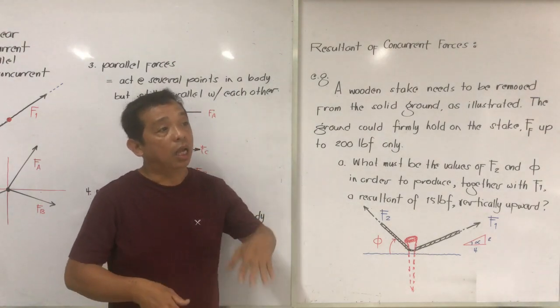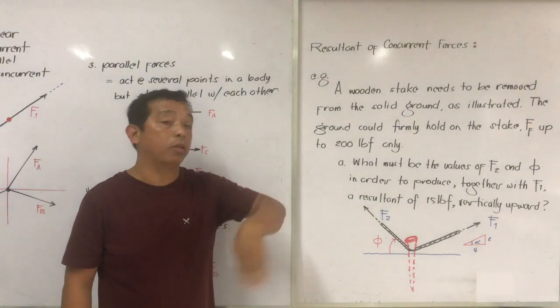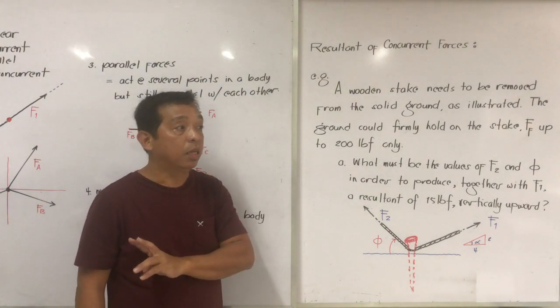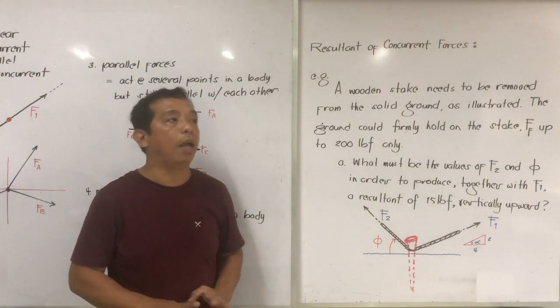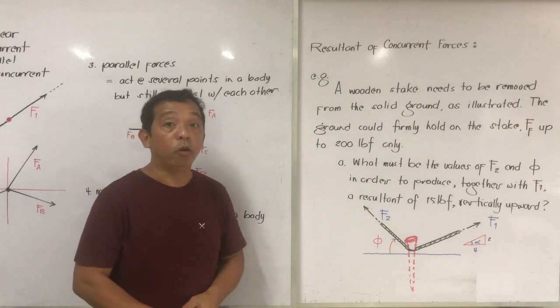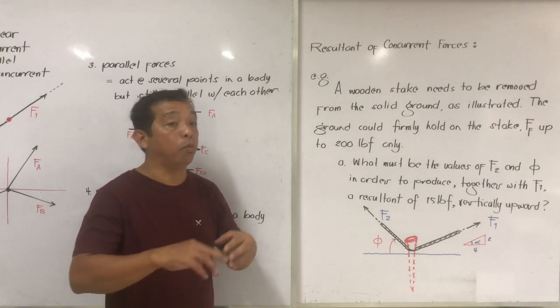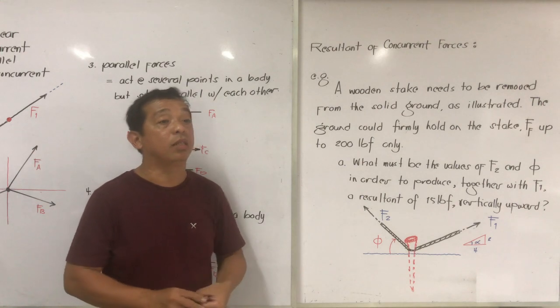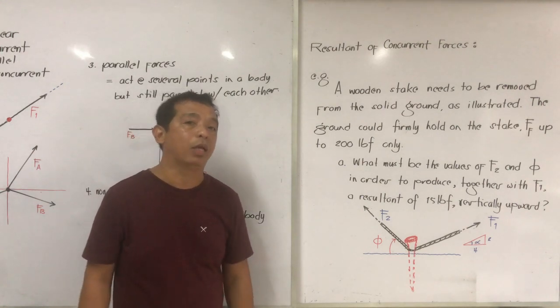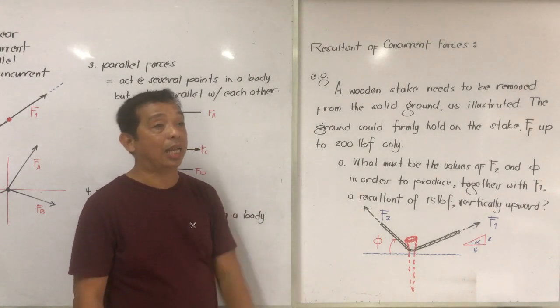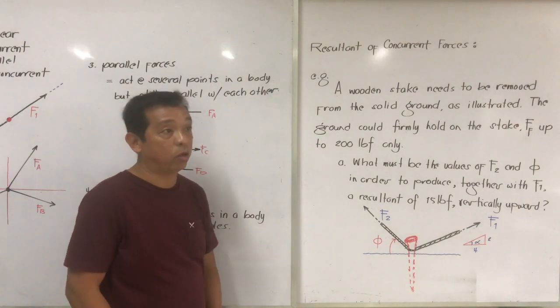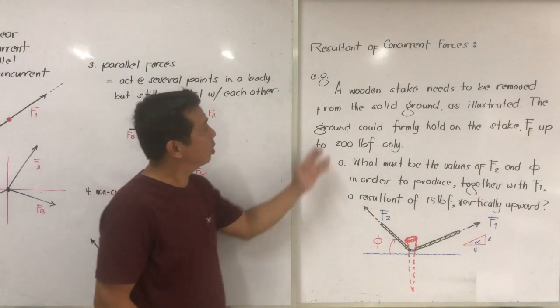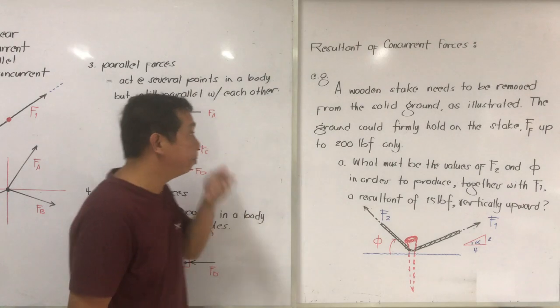I-apply natin ang kahit alin dun sa 4 na methods that we previously discussed. Pero kadalasan, ginagamit dito yung component method. It's more accurate, it's more convenient, kasi mabilis din gawin yun. Once skilled ka na mag-solve nito, mayroon ka ng diskarte. So, let's have a sample problem.